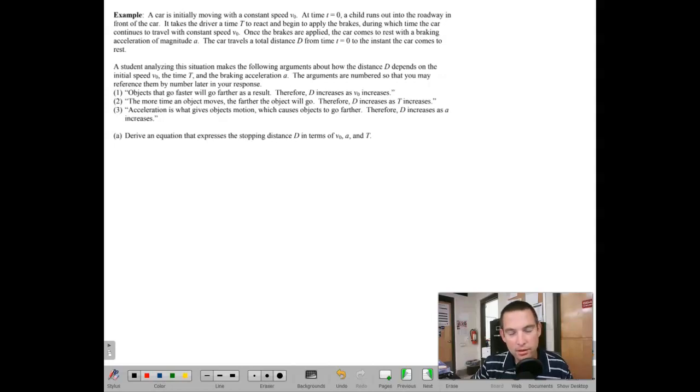Well, if you're traveling with a speed of 0.1 meters per second and you have an acceleration of 0.1 meters per second squared, you're slowly speeding up. But if you start with a constant velocity of 5 meters per second, with no acceleration, then you're going to be traveling farther in the same amount of time. So those two don't appear to be true.